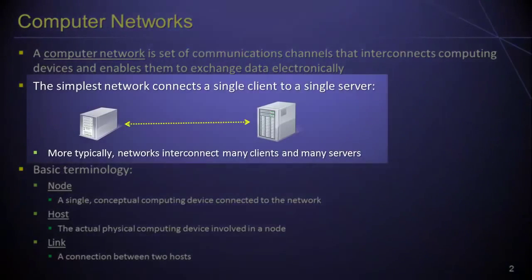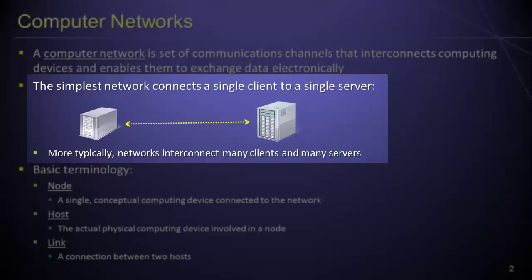In the simplest form of a network, a single client is connected to a single server, where a client is a computing device that uses or consumes resources that are made available over a network, while a server is a computing device that provides resources or services to other devices over a network.